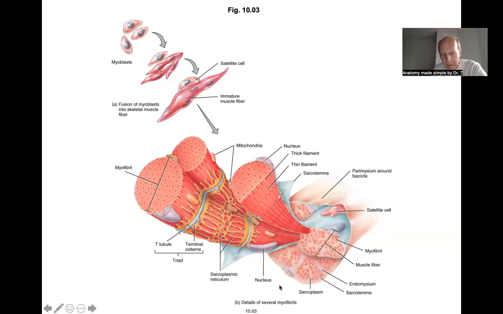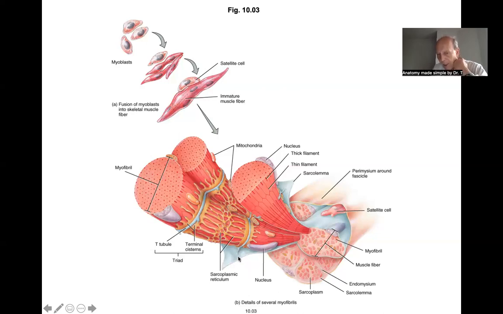So we can see here that when we're talking about the sarcoplasmic reticulum, its most peripheral, much wider sections are called terminal cisterns. There are two of them next to each other, and in between two terminal cisterns, we have a structure that is called the T-tubule.